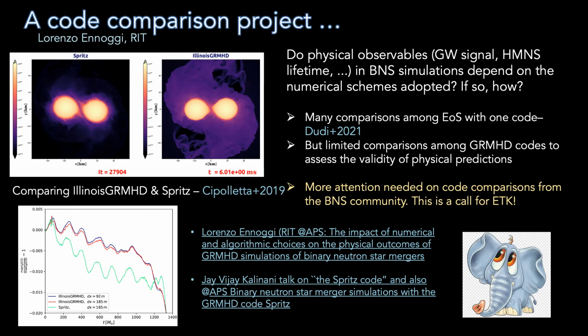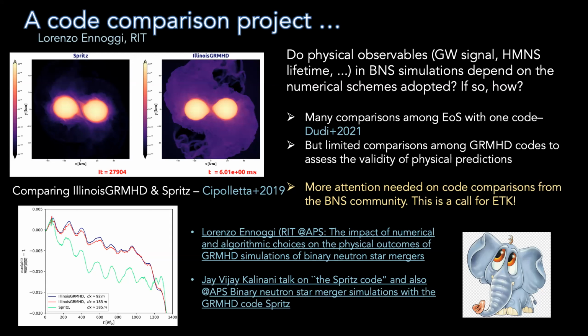As you can see, we need to really understand some of the differences that we obtain, not just because in the binary neutron star case, the black hole remnant might form later or earlier.